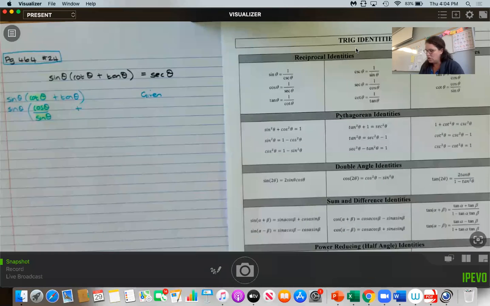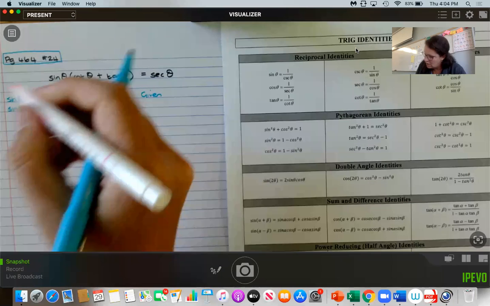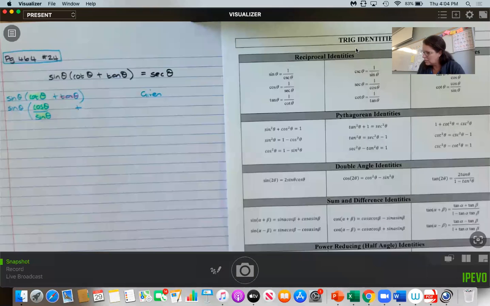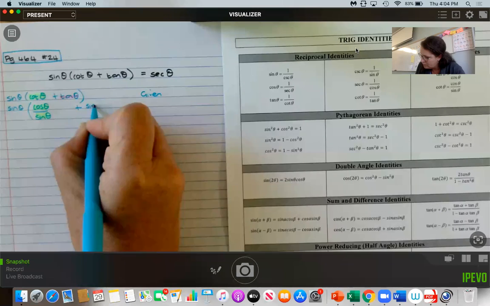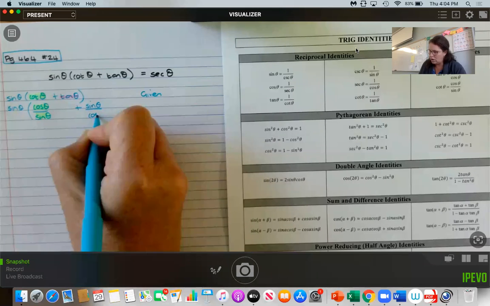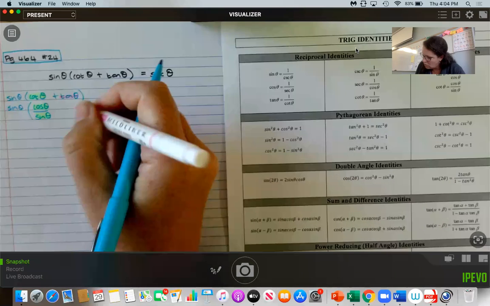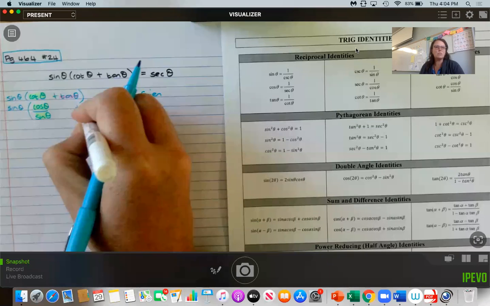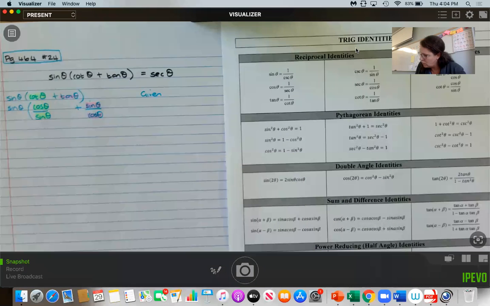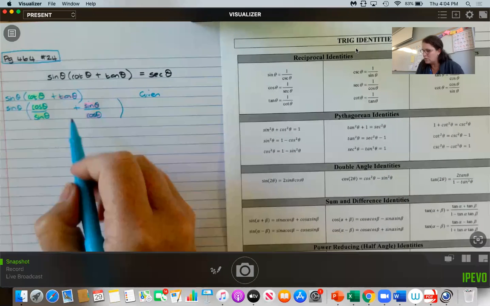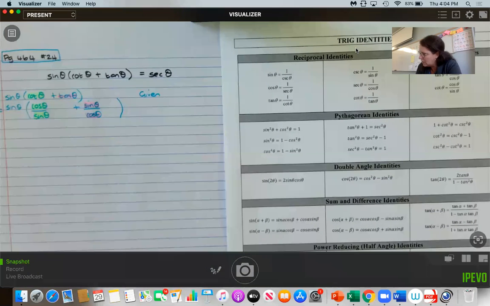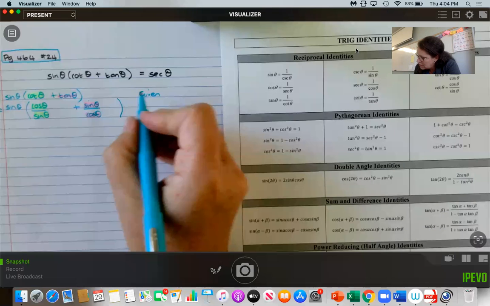And then I can change my tangent using my other quotient identity into sine over cosine. All I'm doing is rewriting the same expression in a slightly different way. My reason that I know these two expressions are equivalent is the quotient identity.